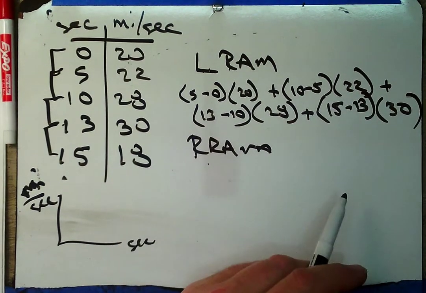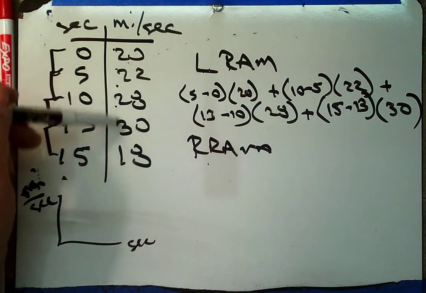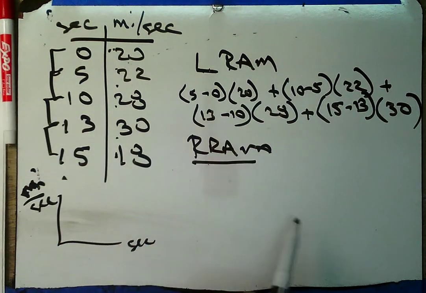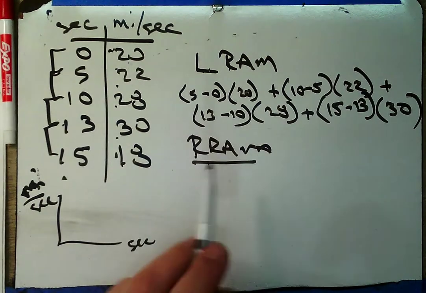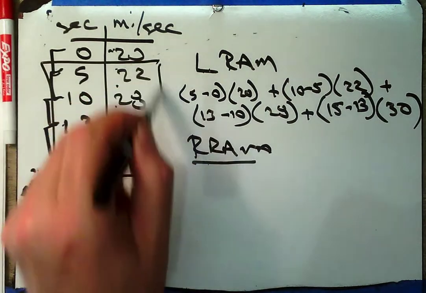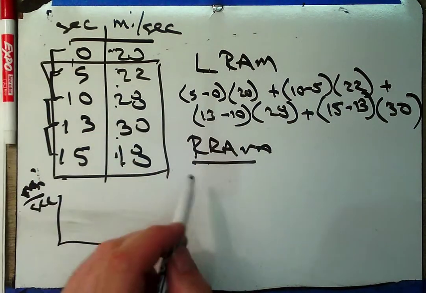And that's going to be my LRAM. Remember, LRAM uses the first height and not the last height. RRAM doesn't use the first height, does use the last height. So RRAM is going to be those heights. Now my first subinterval is still 0 to 5.